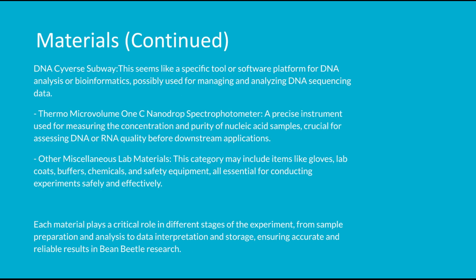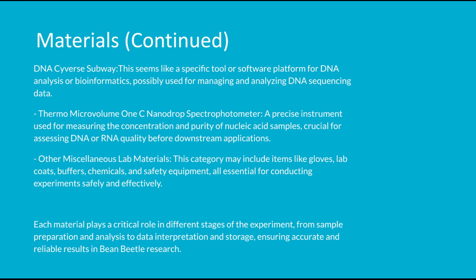Continued materials. Our DNA Subway is used to analyze bioinformatics. Our Thermo microvolume spectrophotometer is a precise instrument used for measuring the concentration and purity of nucleic acid samples, crucial for assessing DNA or RNA quality before downstream applications.